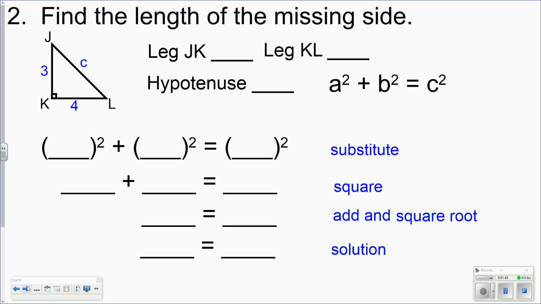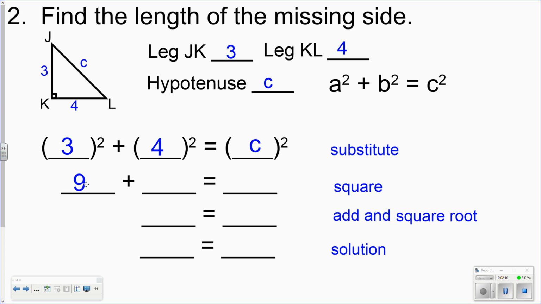So when we're solving for a missing side and we've got a right triangle, first of all, we identify the length of the legs. So leg JK is 3, and leg KL is 4. The hypotenuse is what we don't know, so we're just going to call that C. So the first thing we'll do is substitute our numbers, A, B, and C. And then we're going to go ahead and square each of those.